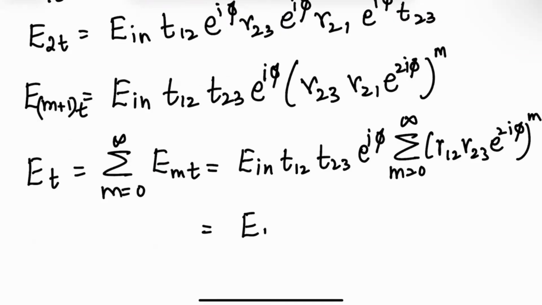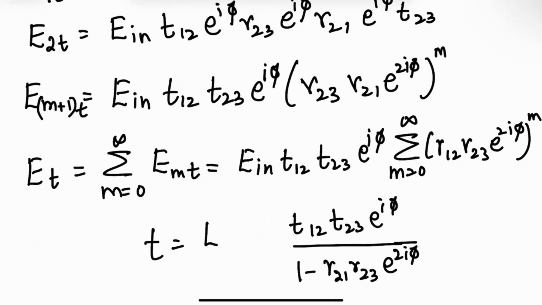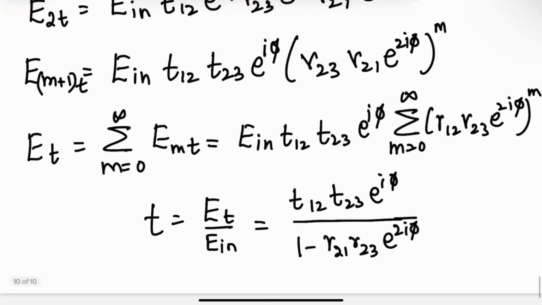So this just becomes E_in T12 T23 e^{i phi} over 1 minus R21 R23 e^{2i phi}. And I wrote it like this because then I can just rewrite this as the total transmission, T, which is E transmitted over E incident, equal to this.